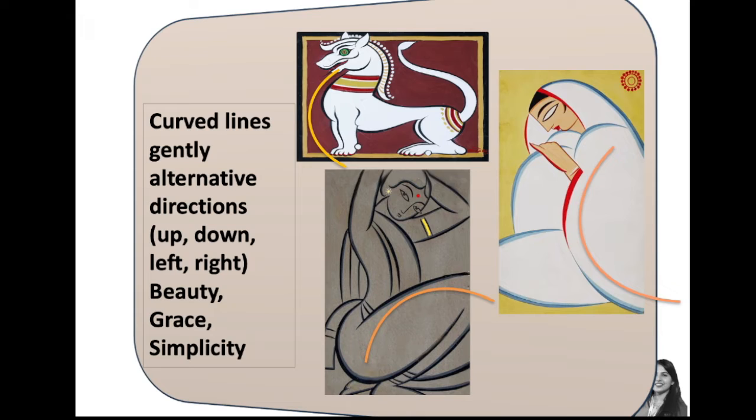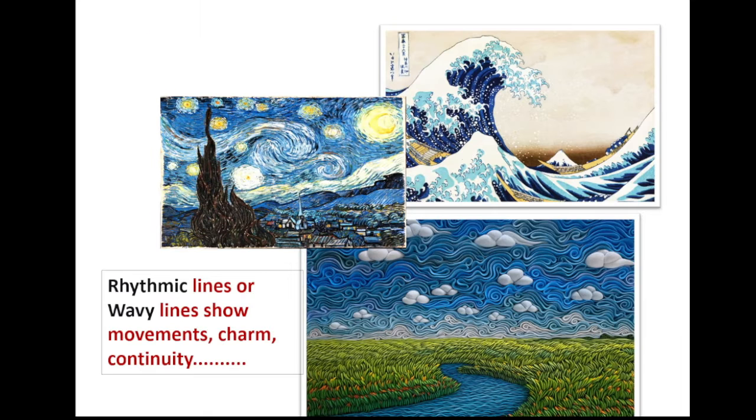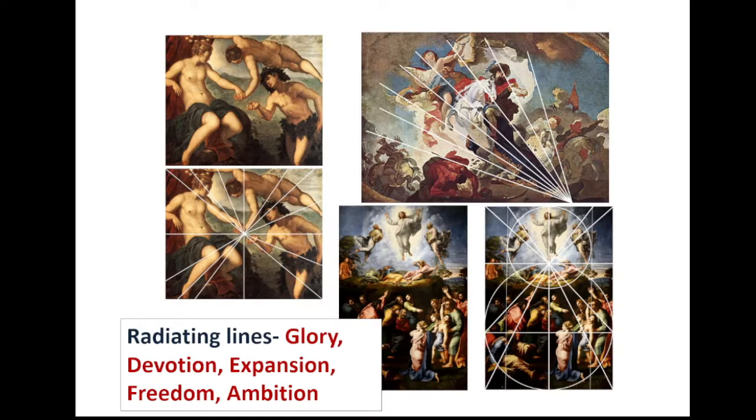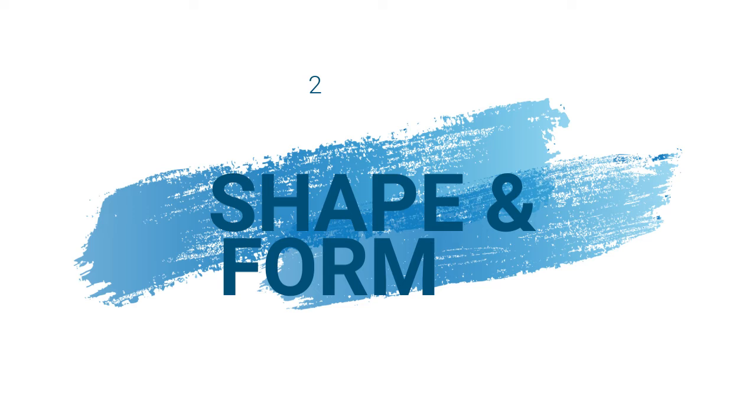Curved lines gently alternate directions, up, down, left, right. They represent beauty, grace, simplicity. Rhythmic lines or wavy lines represent charm, continuity. Radiating lines always represent glory, devotion, expansion, freedom, and ambition.